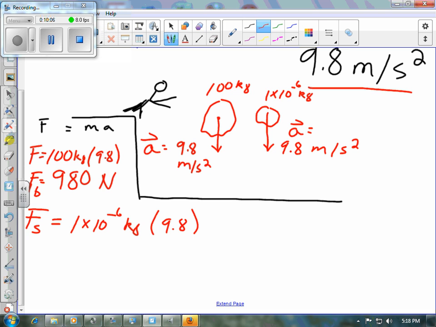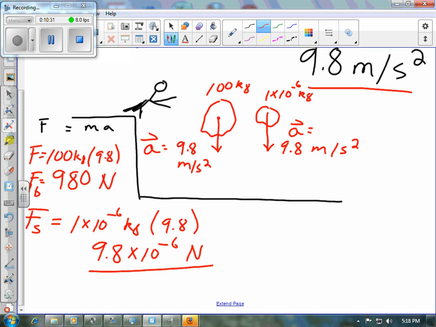So we have 9.8 times 10 to the negative 6 newtons. Small force, right? Small rock, small force. The trick is they both accelerate down at the same rate. So they're gaining speed going down at the same rate.